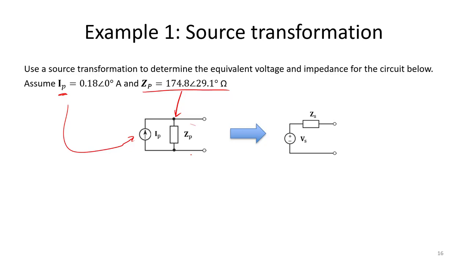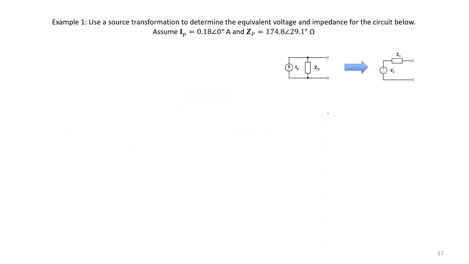And we want to determine the equivalent voltage phasor and series impedance if we had done a source transformation. So here, we want to find Vs and Zs.